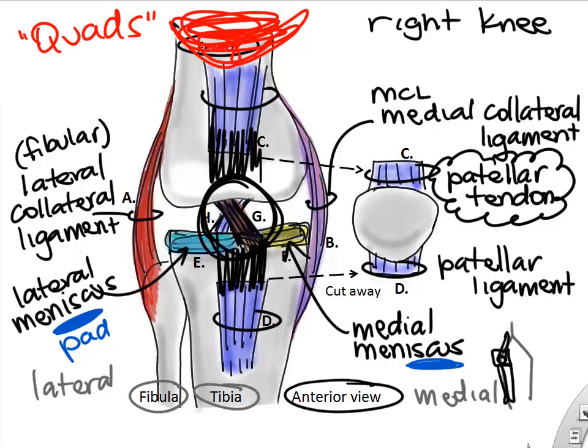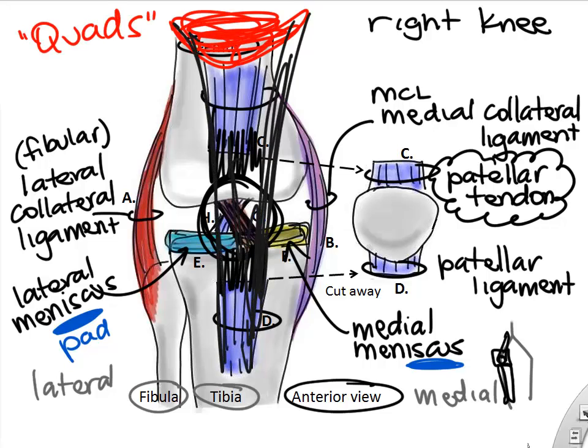Basically, this is the tendon that comes from your big, strong quads, goes across your patella and down to your tibia, and allows you to do things like knee extension. So your quads extend all the way down through your patellar tendon and patellar ligament. Again, if you just want to call it your patellar tendon, that's fine too.